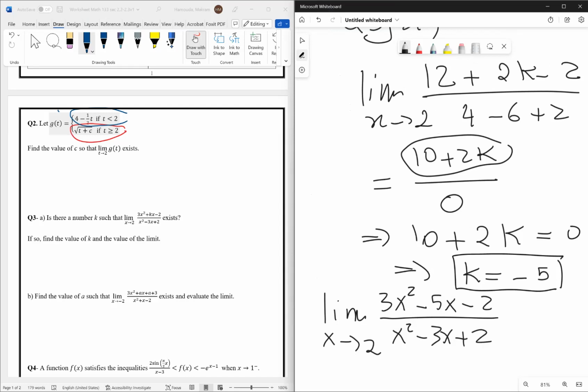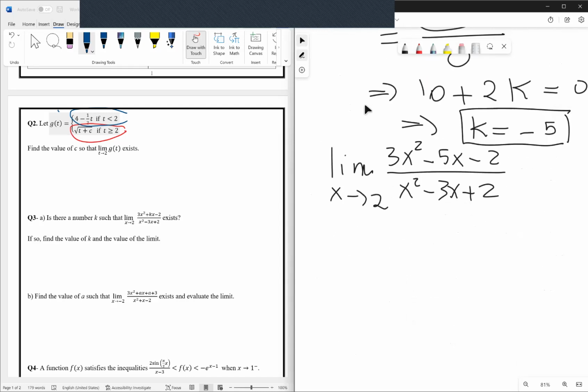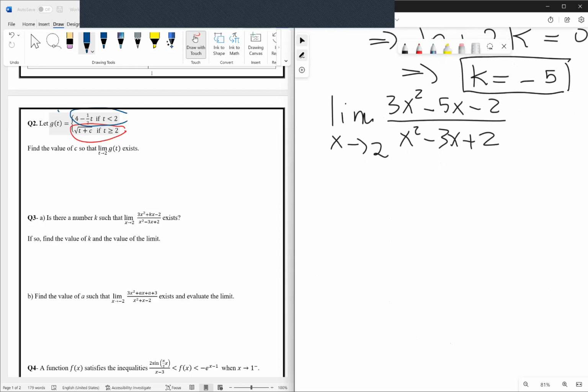Okay, now here we have to factor both numerator and denominator. It looks for the numerator a little bit not standard because we have this coefficient here, and maybe it's not easy to find the factoring in this case.